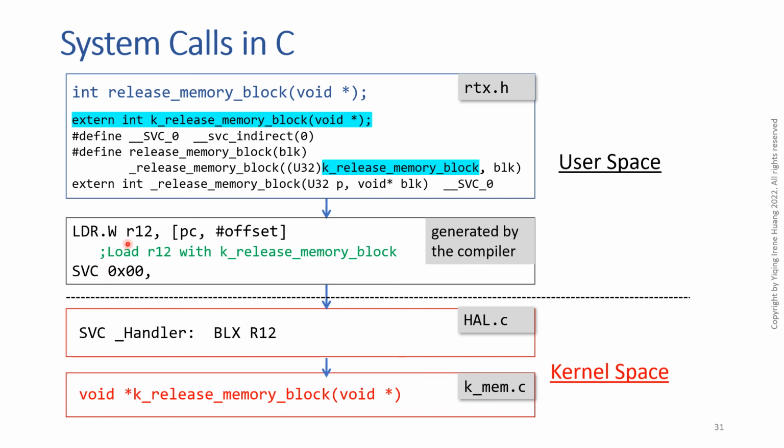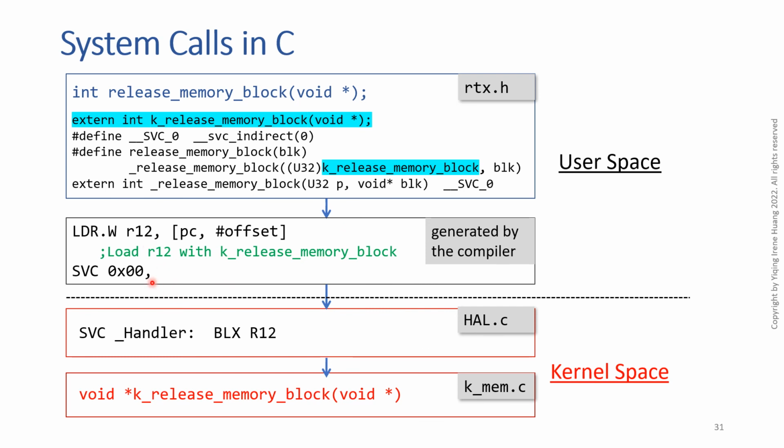The first line loads R12 with the first input parameter. Whenever you have this intrinsic keyword, the first input parameter no longer goes to R0, it goes to R12. So R12 has the first input parameter, and the second parameter goes to R0, and the third parameter goes to R1, and so on. So the register list gets shifted by one position. Now R12 is loaded with the corresponding kernel function entry point.